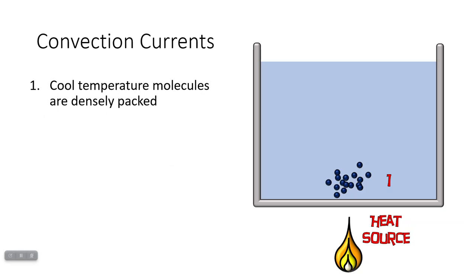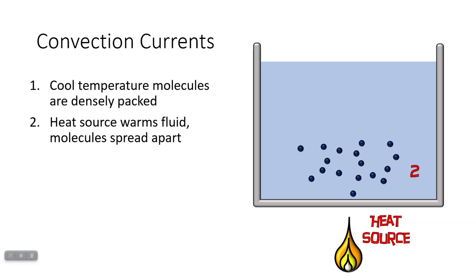So let's say we have some water in a pot and we have a heat source at the bottom. We're going to look at a particular group of water molecules that are pictured here. At cool temperatures, molecules tend to be densely packed, but when you heat them, they will spread apart. So we have the exact same number of molecules here that we did previously. They're just more widely spaced.